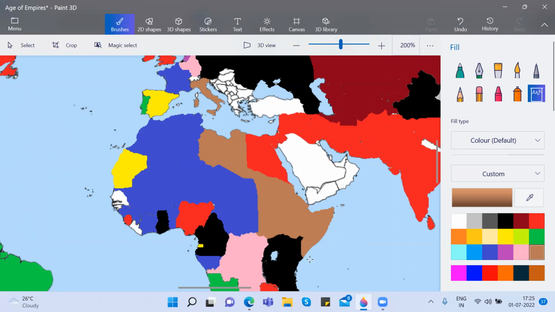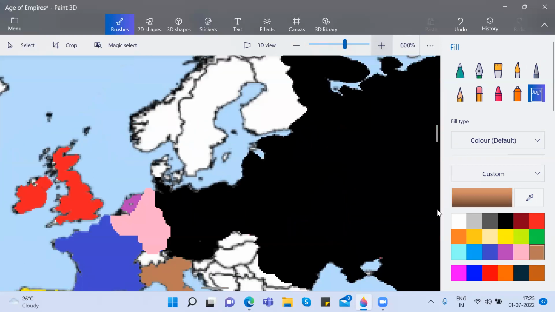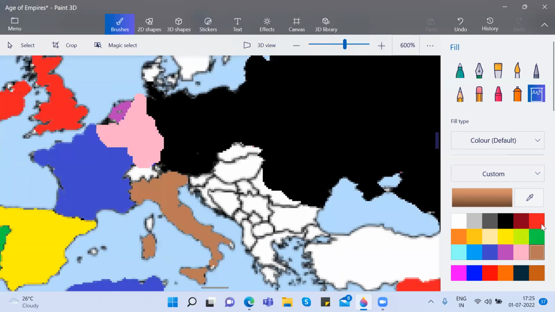Now Britain's left with only this much land. But one thing happens that changes the entire fate of this war. Paris is captured. By whom? Paris is captured by the British. And the entire country of France falls to them.